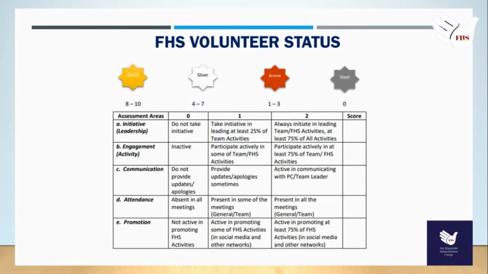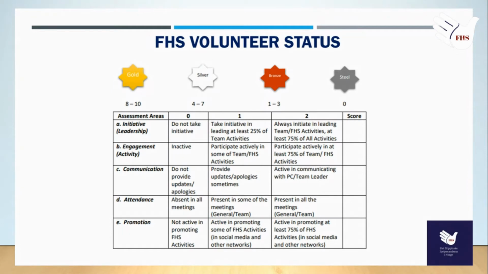We have a high standard in giving you 2 points, the perfect score. You need to lead team activities 75% or more. You'll get a score of 1 if you were able to lead 25% to 74% of team activities.